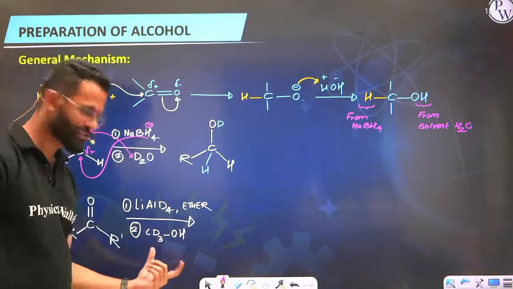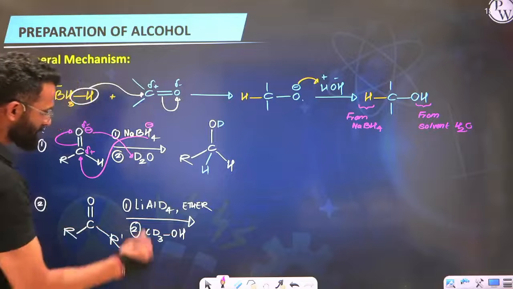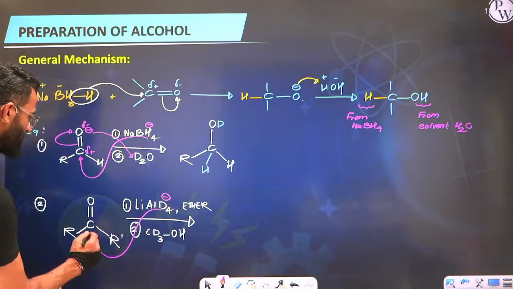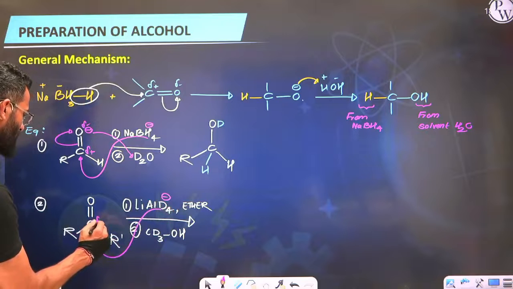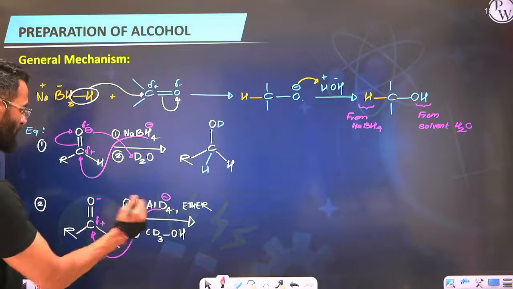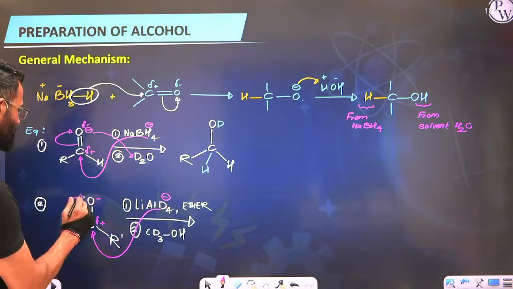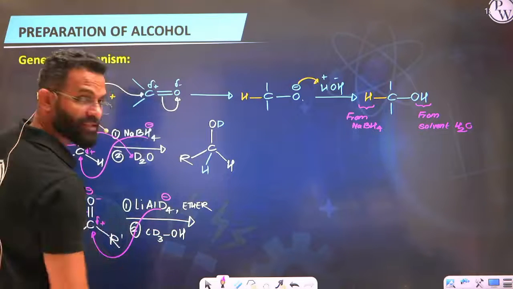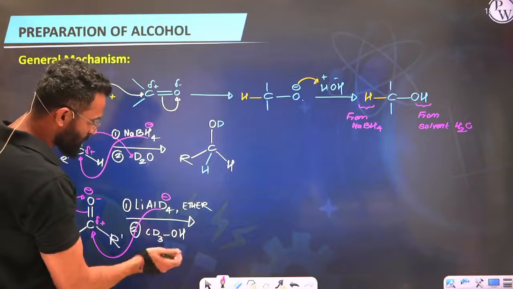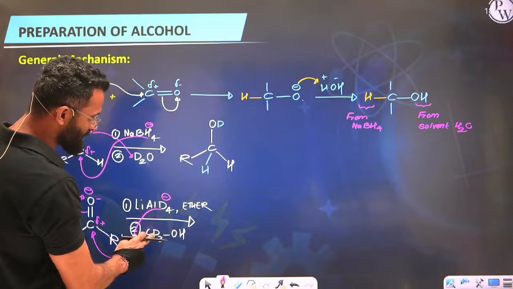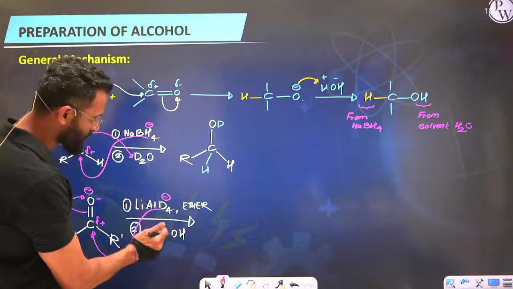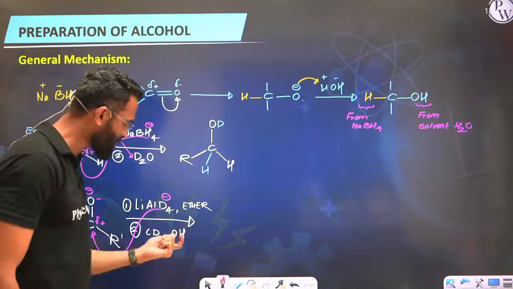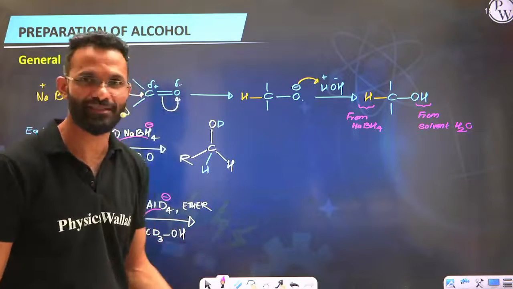is further hydrolyzed. Now what is important is, here we have got a D minus donor, which is going to attack at the deficient carbon. So that is our D plus. Once D minus attacks, the pi bond breaks to make it O minus. Now this O minus is going to attack at the protic part. So what is protic? Although I have taken this as CD3, this is not a protic atom. Protic is the one which is attached to an electronegative atom so that it can be lost in the form of H plus.